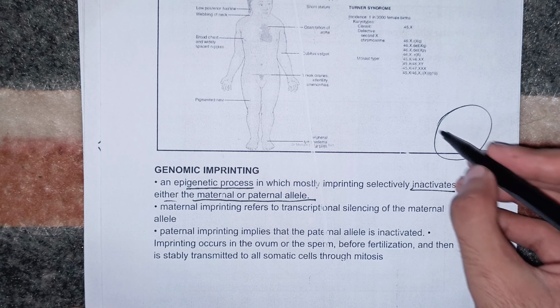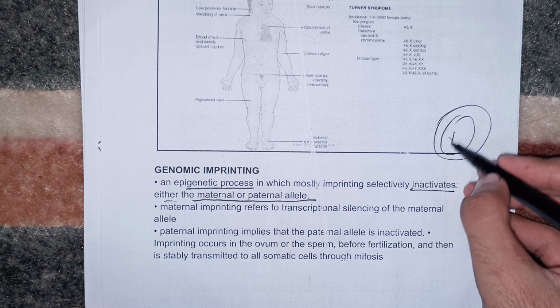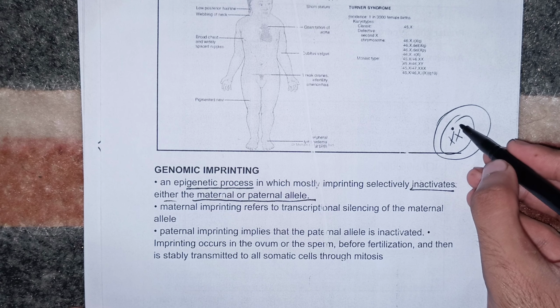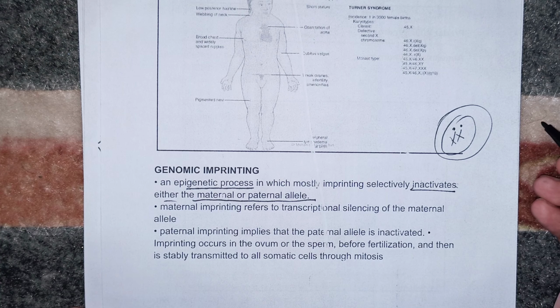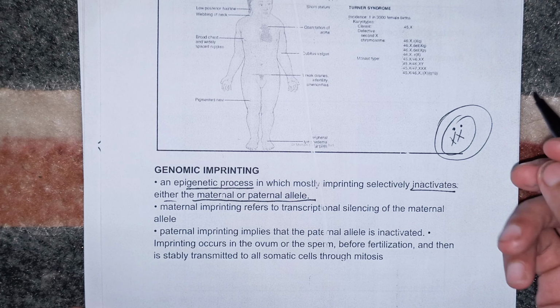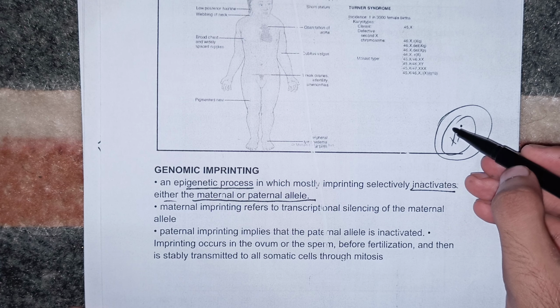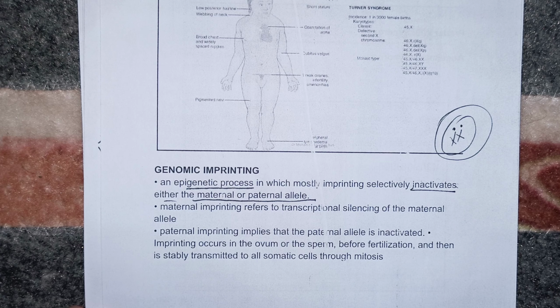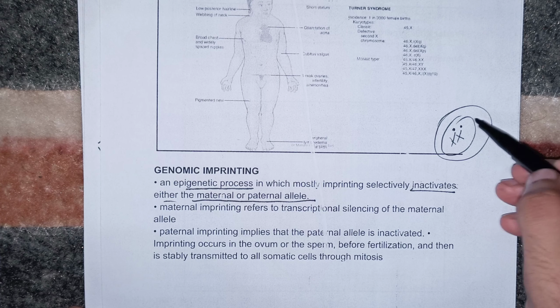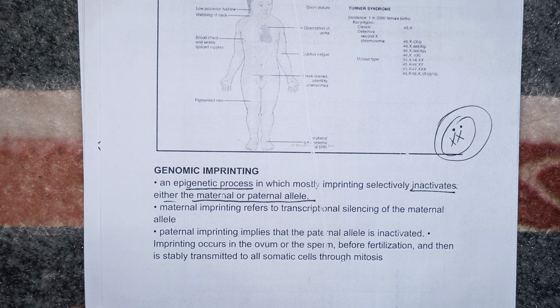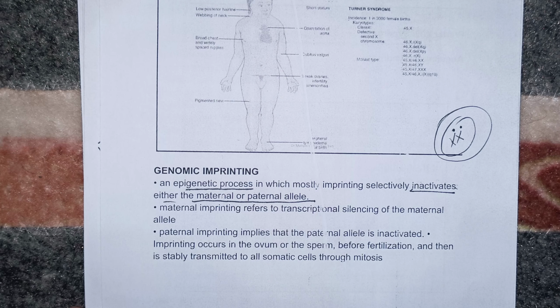If you go into your cell and check out a chromosome, there is one paternal gene and one maternal gene, but in some few percent of your genes there is imprinting, that is, both maternal and paternal genes are not activated. At some places in your body, in some cells in your body, there is inactivation, that is imprinting, of one gene, either maternal or paternal, and this is very much necessary.